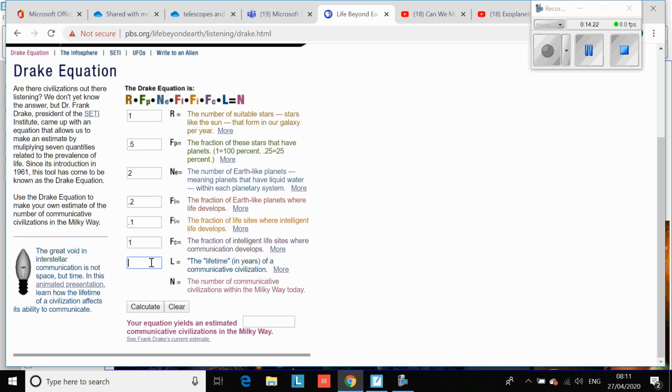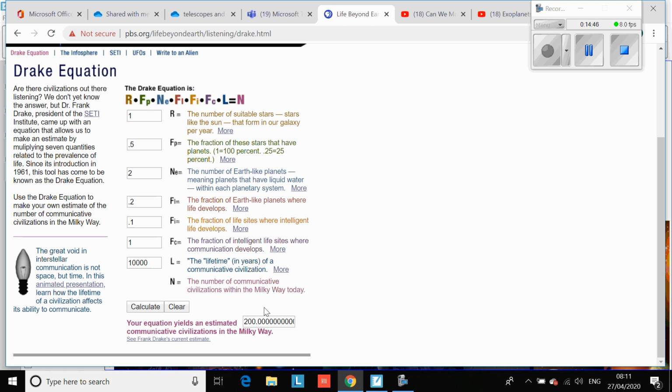So let's just say, on average, a civilization lasts for about 10,000 years. Let's put that number in there. 10,000. There it is. We then press calculate, and according to this, there would be 200 civilizations out there in our Milky Way galaxy right now.